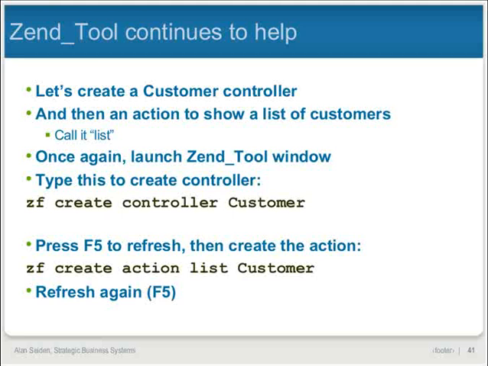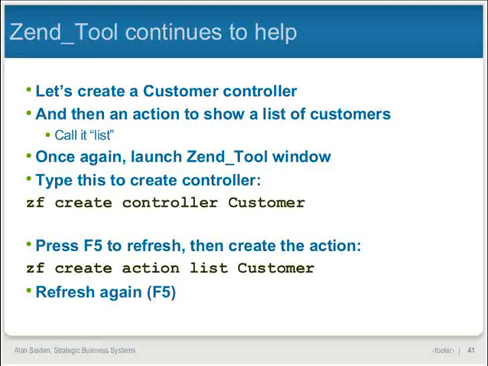In the Zend Tool window, you want to go to the root of the project first to make sure that the controller is created in the correct project. Okay? So you cd to zfdemo, and then you do the create controller. And then you create the list: zf create action list in the customer controller. And you press F5 to refresh. So I don't know if that's clear to any of you, but it's something you do, and it works. And you can see it work.